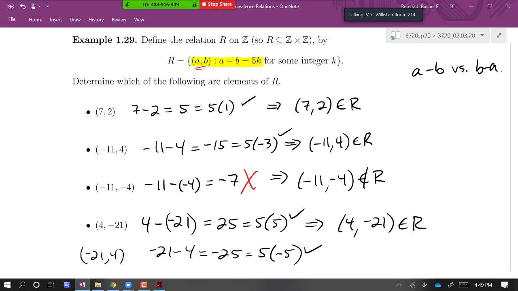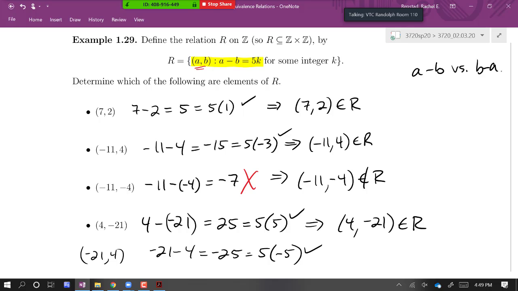The signs will be different. In fact, that's the only thing that changes, right? And if the sign is different, does that affect whether or not it's a multiple of 5? No, it's just a negative multiple or a positive multiple. Still a multiple. So we have a strong hunch that this relation is probably symmetric.